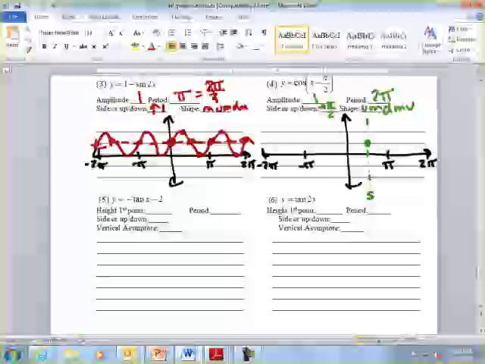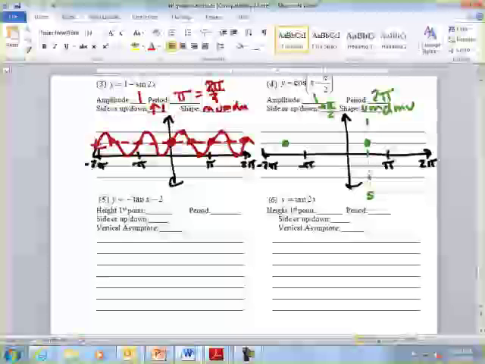At the end of one period, which should be 2 pi away from the starting line, it should be up again. So it's not above the 2 pi, it's above where 2 pi would be bumped to. So it's like 2.5 pi, which is maybe right on the edge of the paper, maybe slightly off the paper. So instead of going in the right direction first, I'm going to go back on the negative side in the left direction, because I can go 2 pi away over there, and I would be up above negative 1.5 pi.